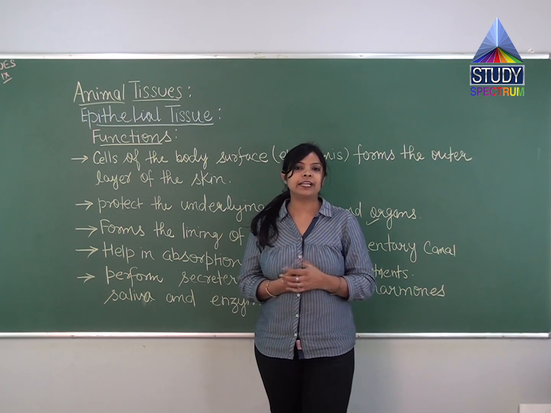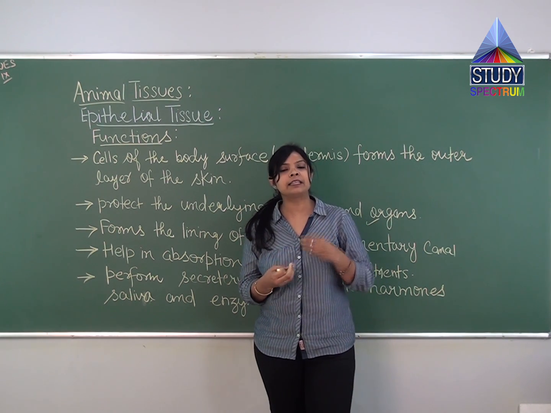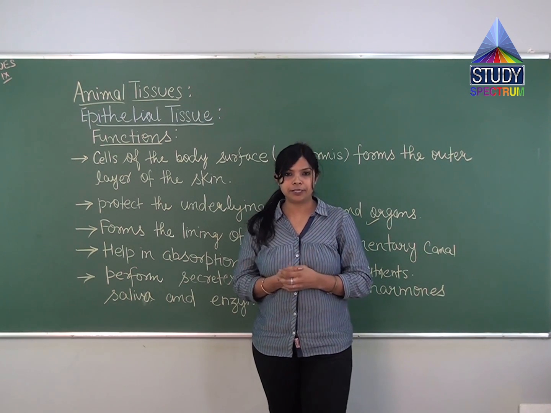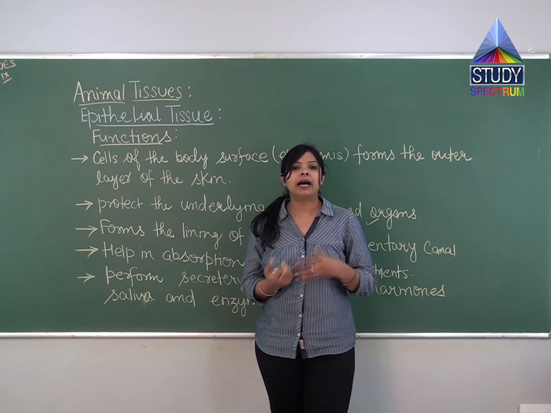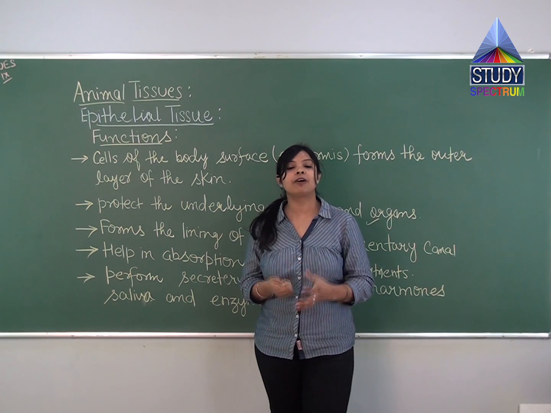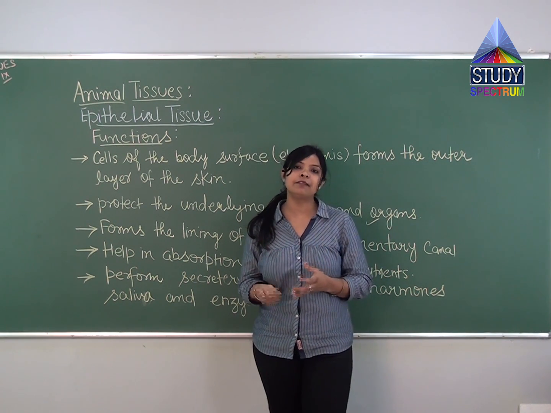If you get hurt, you do not get the injury immediately because it protects your body. It also helps to stop the cells from drying. Again, these tissues also protect us from various viral and bacterial infections.